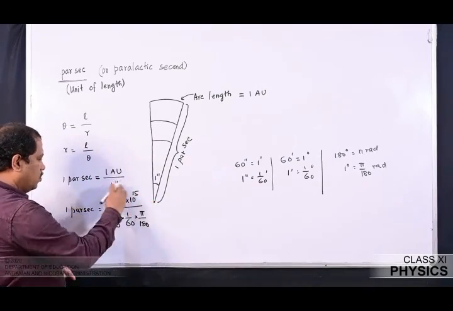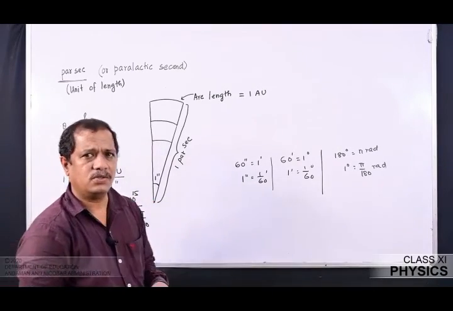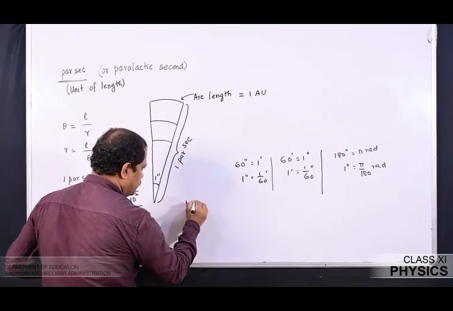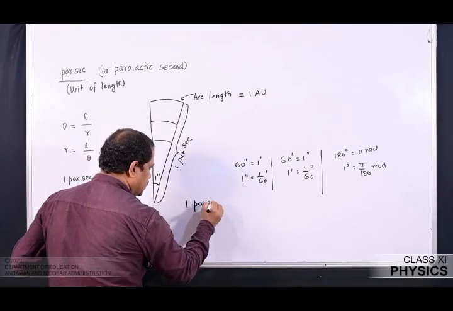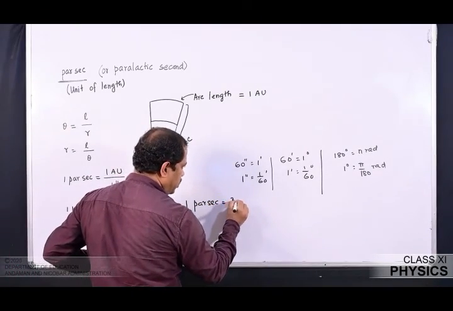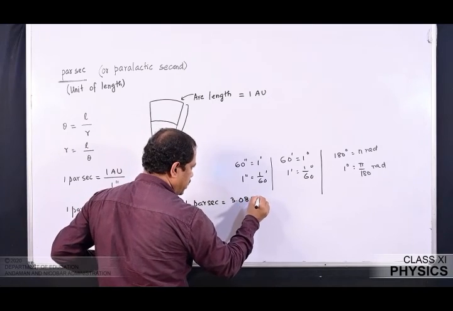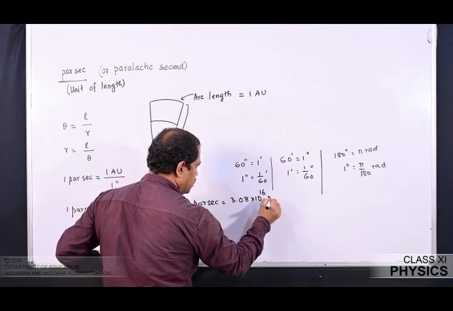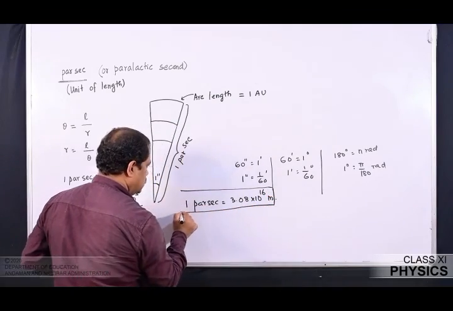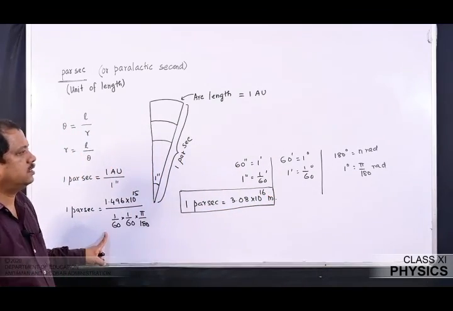Okay. So now if we work out this value, we are going to get 1 parsec equal to 3.08 into 10 power 16 meter. So this is what we call a parsec.